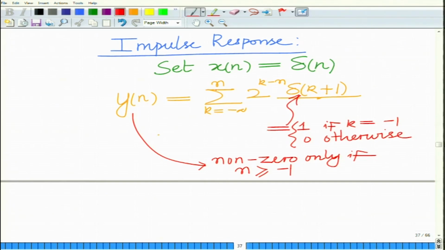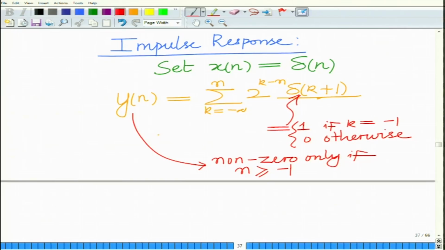So this is non-zero only if k takes the value minus 1, which means n must be greater than or equal to minus 1. For this summation to be non-zero, the index k must go from minus infinity to at least minus 1, because if n is less than minus 1 then this will be 0, since delta[k plus 1] will be 0 for all k less than minus 1.